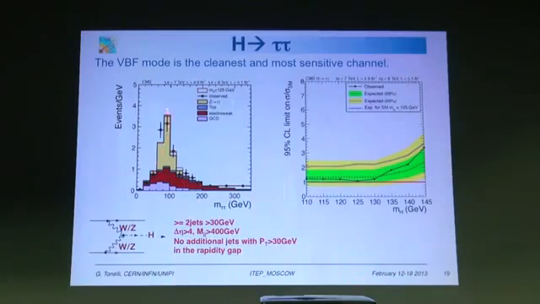And you see, you have in yellow the Z to tau tau peak, which is irreducible background in your search, the most important one. It is at 90 GeV, and you see that basically the Higgs signal is this red component here, a tiny signal there.